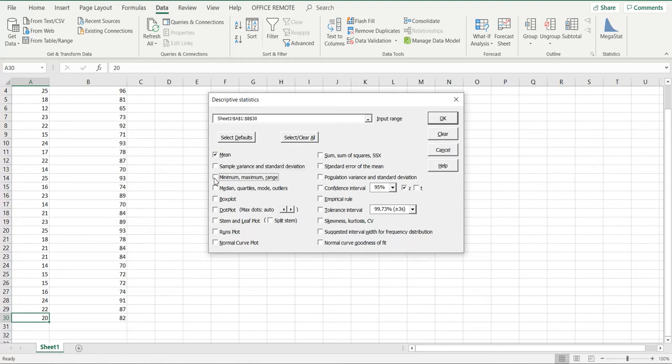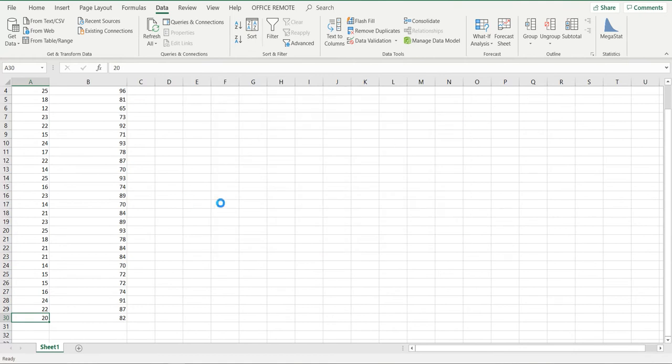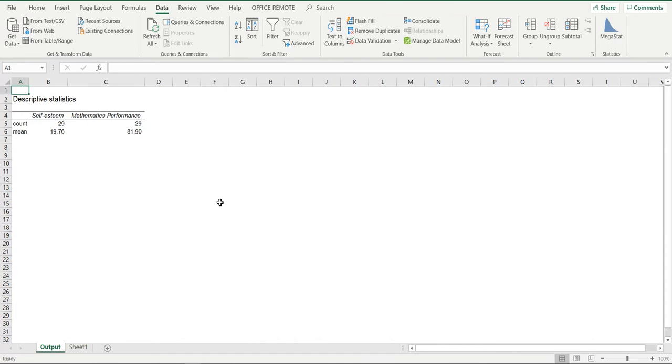As we can see here, the Microsoft Excel created another tab in our file.